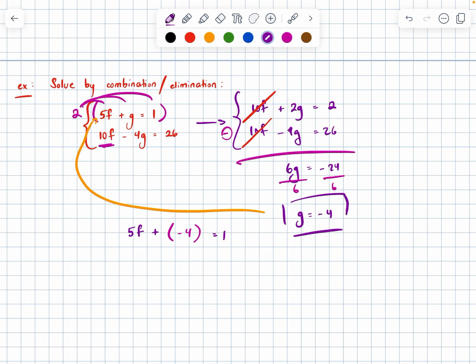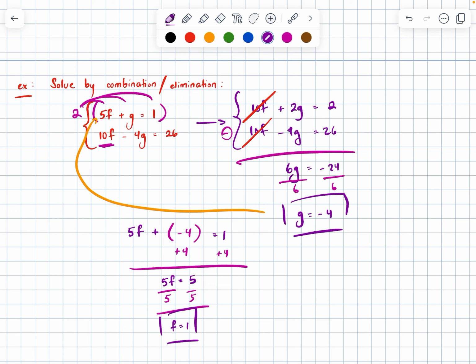Therefore, by substitution, 5f plus negative 4 is equal to 1. If I want to get rid of negative 4, let's add 4 to both sides to get f by itself. 5f is equal to 1 plus 4, which is 5. Dividing both sides by 5 tells me that f is equal to 1.